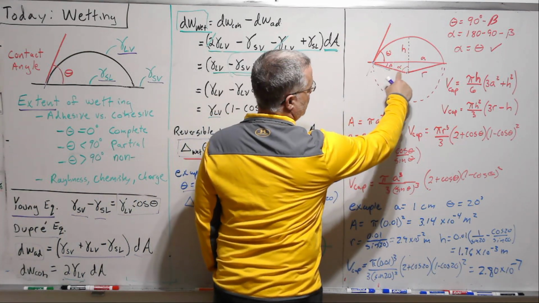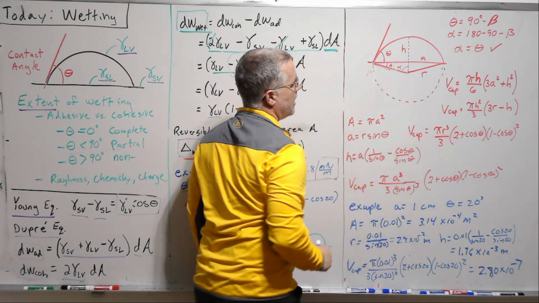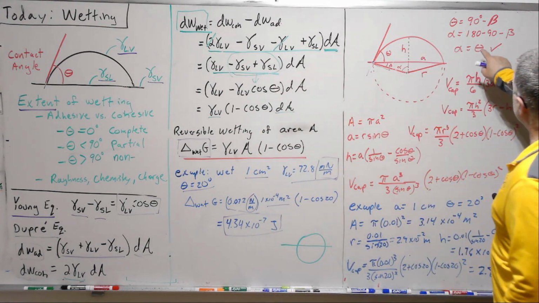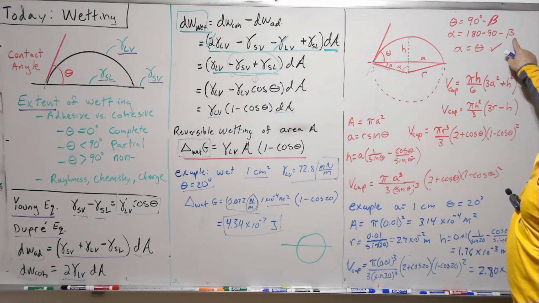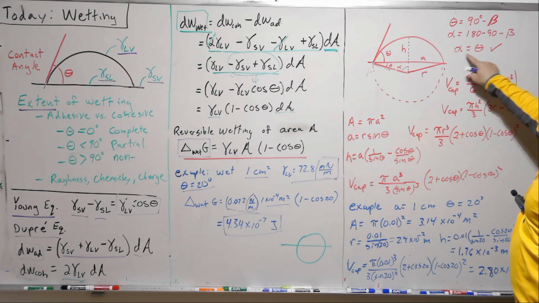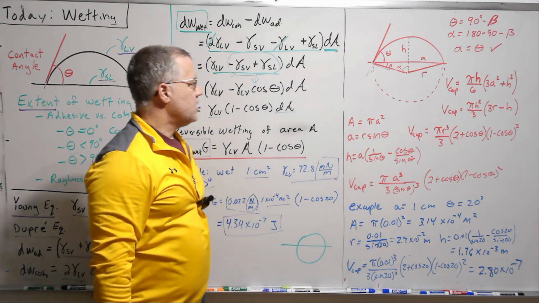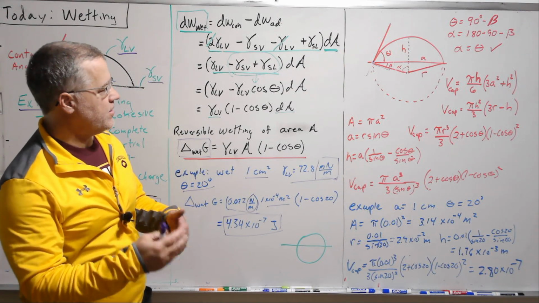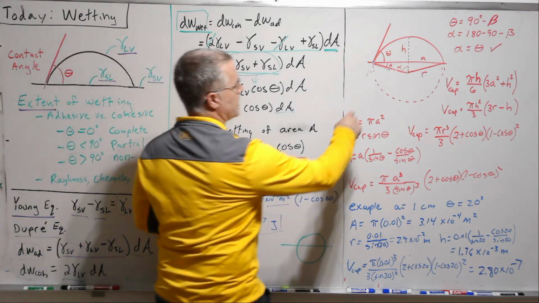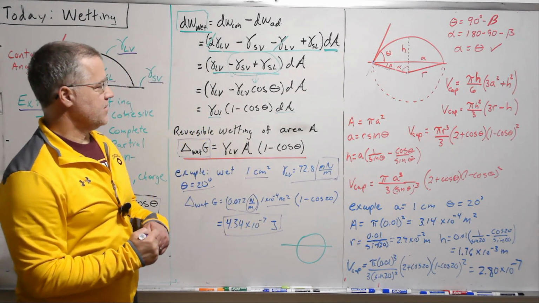Then we can use the interior angles of a triangle being 180 degrees to get alpha in terms of beta. So alpha is 180 minus 90, because this is a 90 degree, minus beta. So 180 minus 90 is 90. So alpha is 90 degrees minus beta. So this angle alpha and this angle theta are the same. So formulas which are normally cast in terms of this angle alpha can be cast in terms of this angle, which would be related to the physical angle of the contact angle.